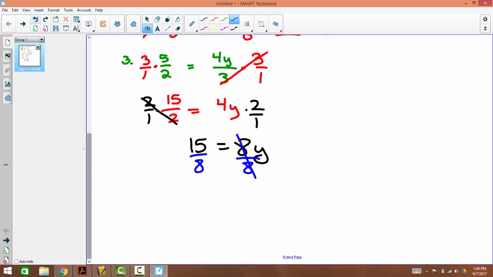To undo multiplication, you do division. So you have y equals 15 over 8. The best way to write this is as a mixed number, which is 1 and 7/8. That would be the best answer.